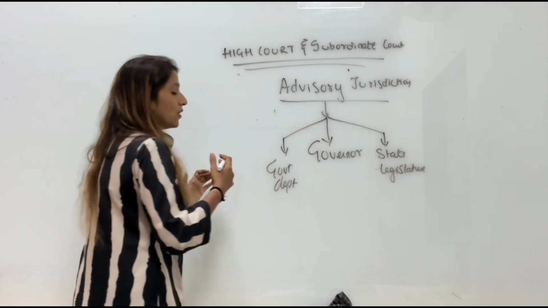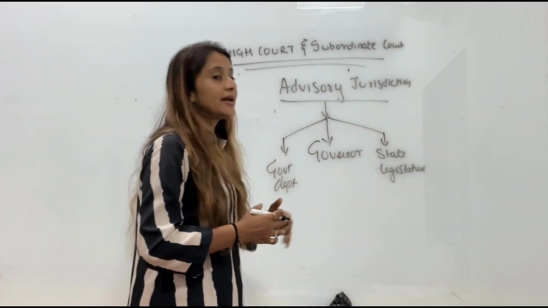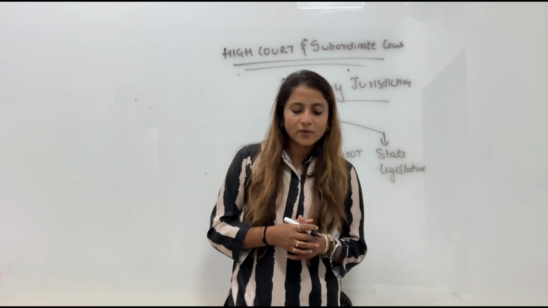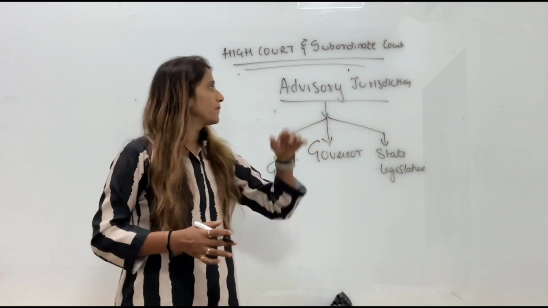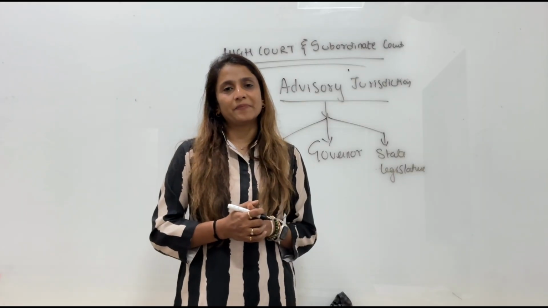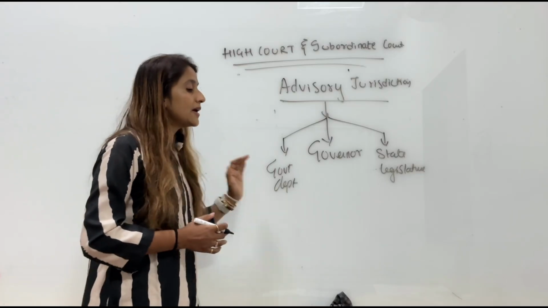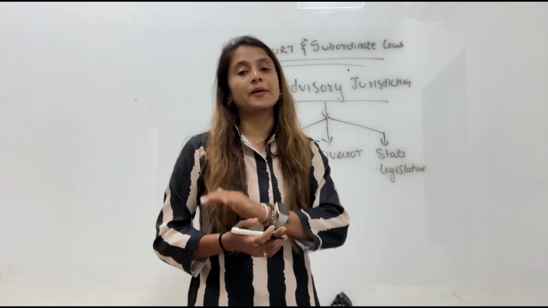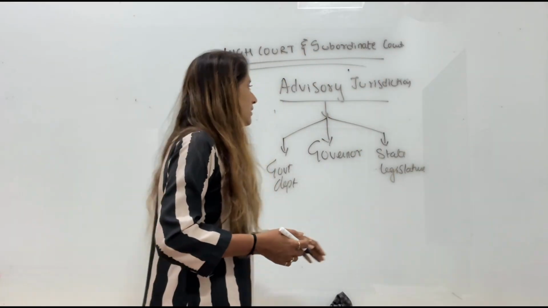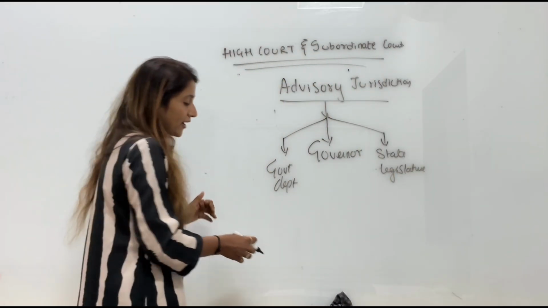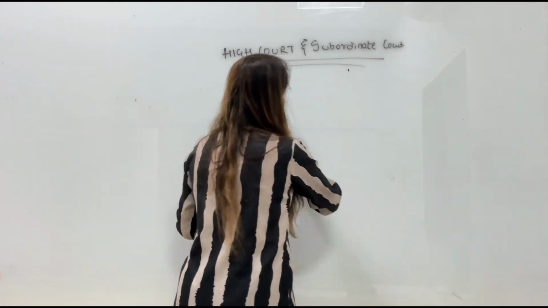If the governor, any government department, or the state legislature needs advice on any constitutional matter or on any matter of law, High Court can give advice to them, but only if they seek that advice. This advice is not binding on them. If they don't like the advice, it is not binding on them. So this is the second power of High Court, called advisory jurisdiction.